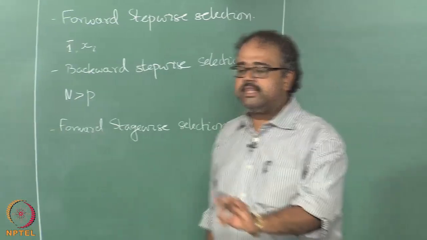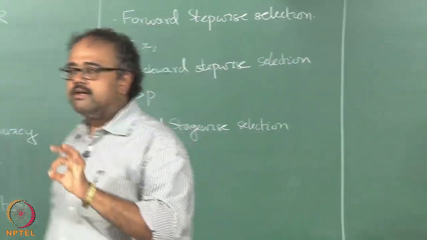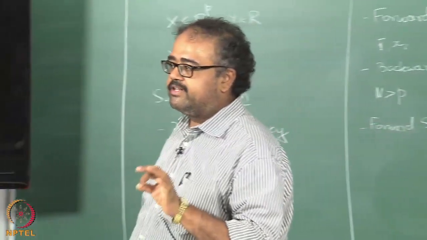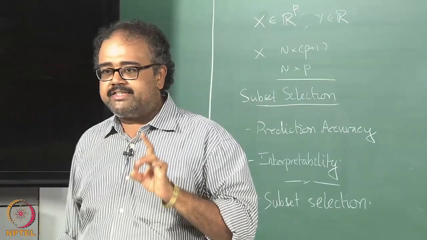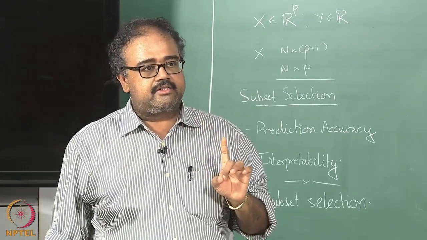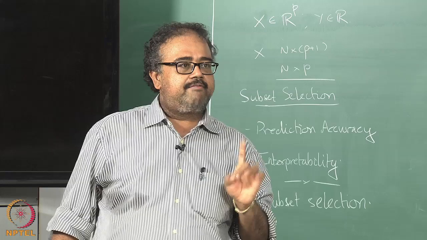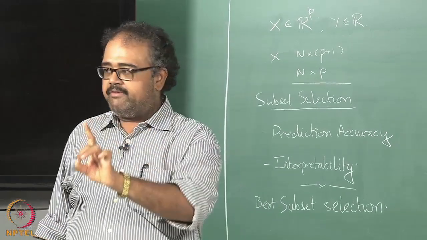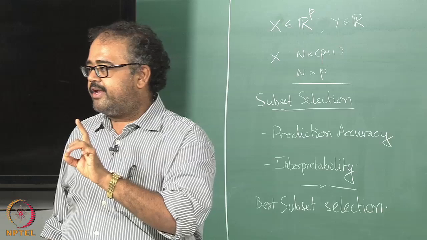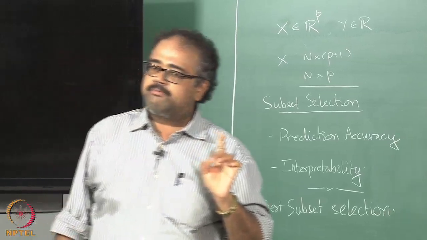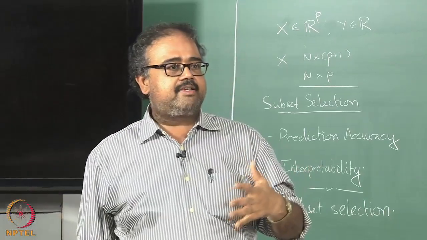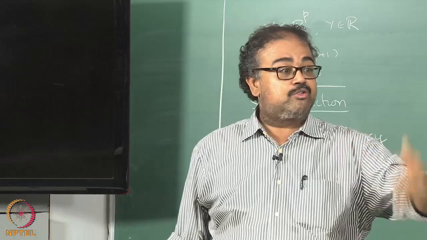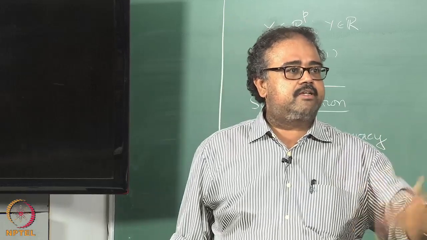If you just thought about the process of fitting the coefficients, at every stage I do a univariate regression. At every stage I am just regressing the residual on one variable. In forward stepwise selection, at every stage I will add a new variable, but then I have to do a multivariate regression, I have to do the regression all over again.